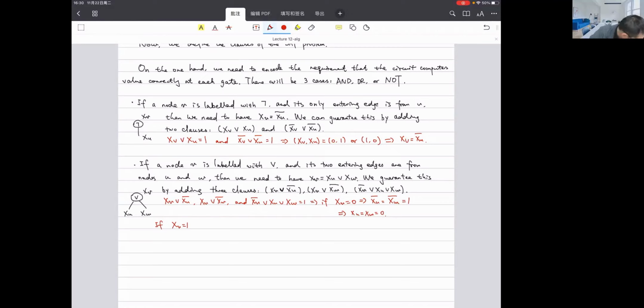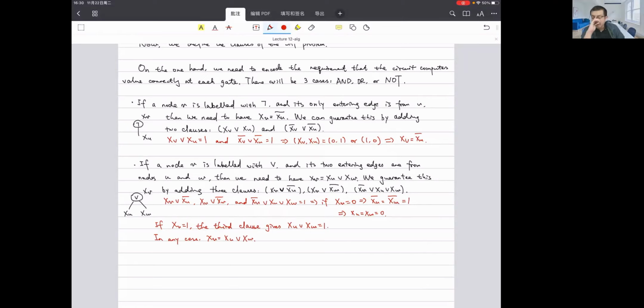So if XV equals 1 here, basically the third clause gives XU or XW equals 1. So in either case, XV equals 0 or XV equals 1, we know that XV equals XU or XW. So basically this finishes this part.